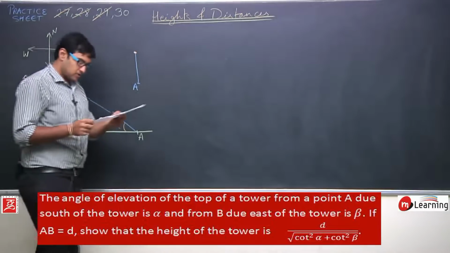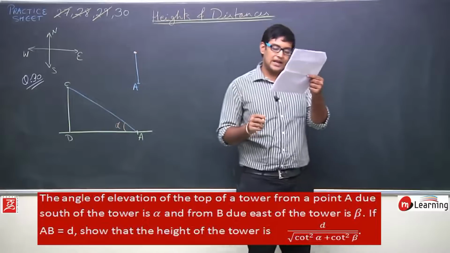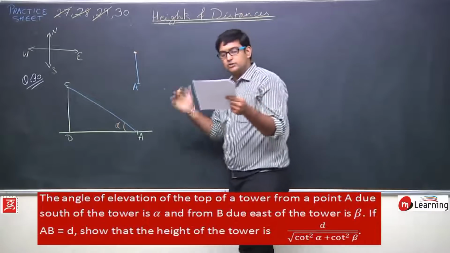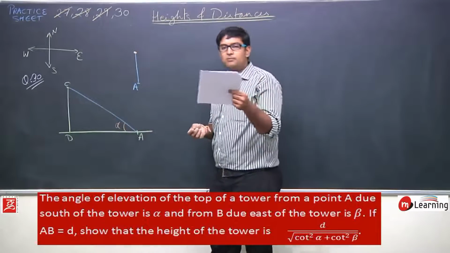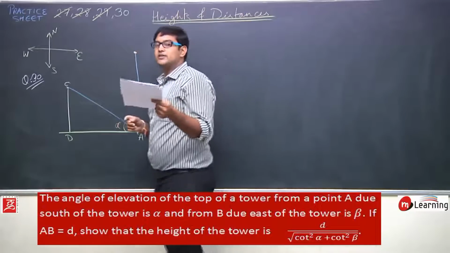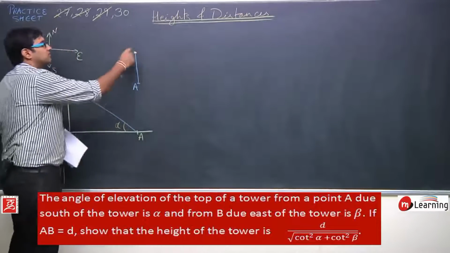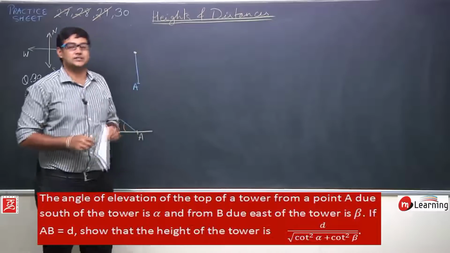Okay. Now further it says the angle of elevation of the top of the tower from a point A due south of the tower is alpha, we have marked this, and from B due east of the tower is beta. Now due east of the tower means with respect to the tower, the station B is in the east direction.